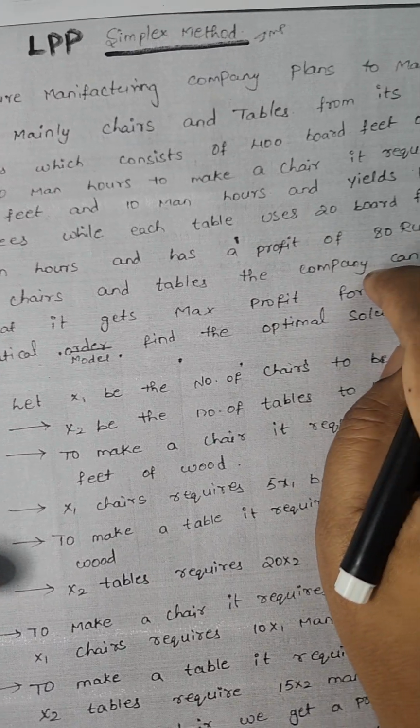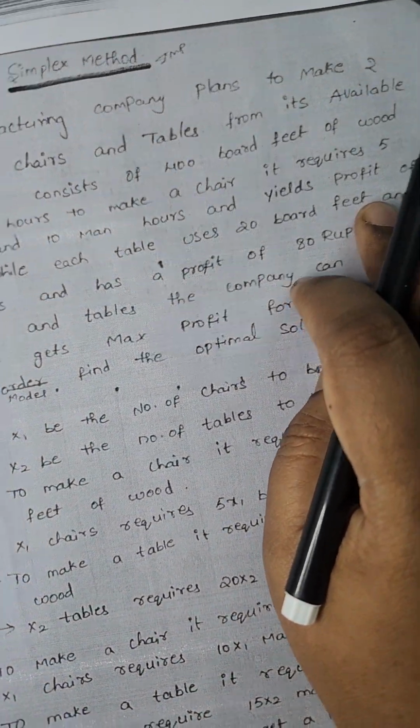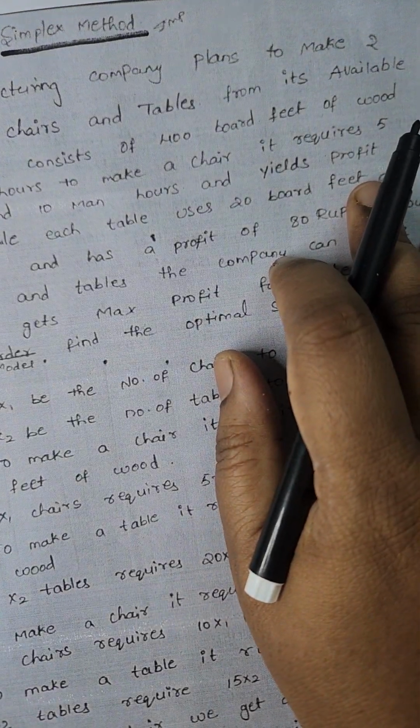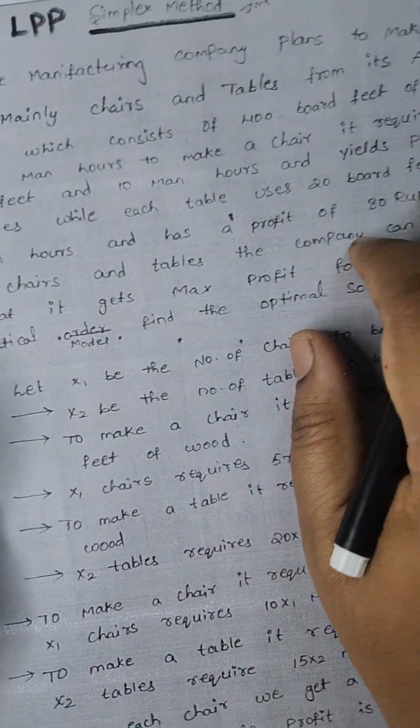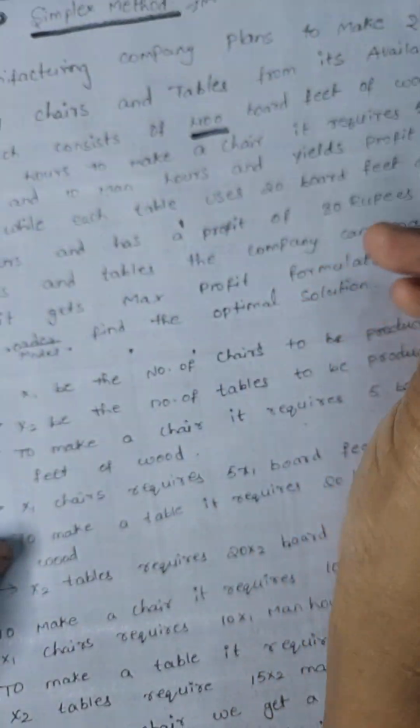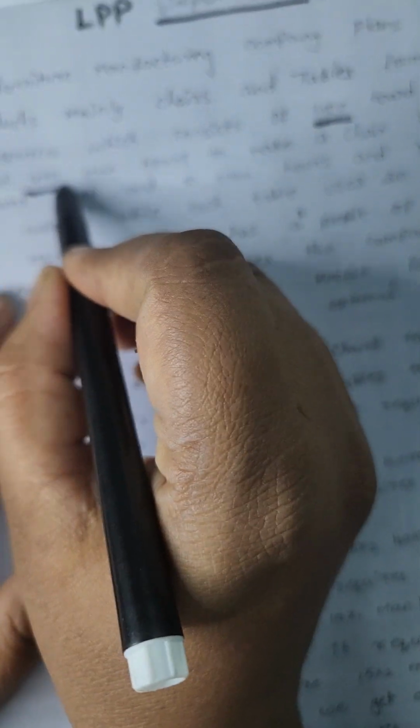A furniture manufacturing company plans to make two products, chairs and tables, from its available resources, which consist of 400 board feet of wood and 450 man hours.